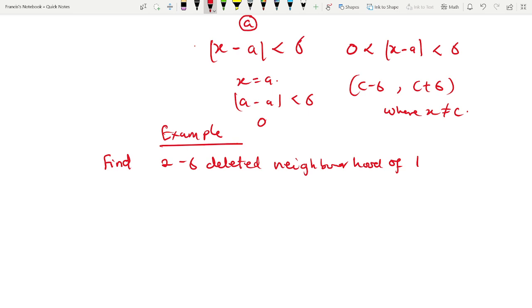So the delta is actually the 2. I was just putting it in there for you to see. So find the 2 deleted neighborhood of 1. This is the problem which you have to solve.